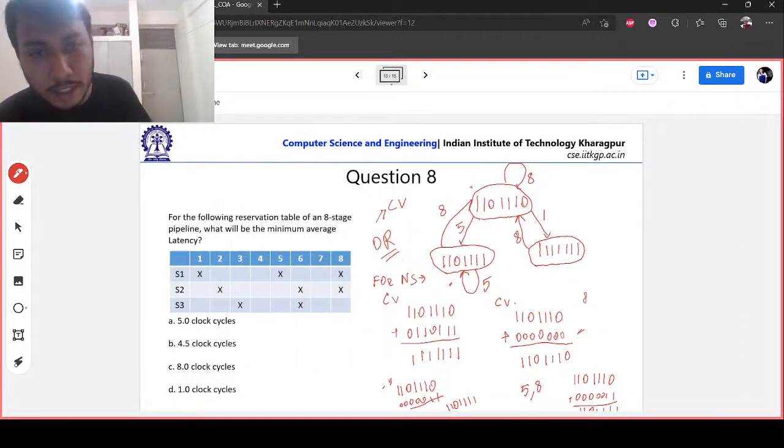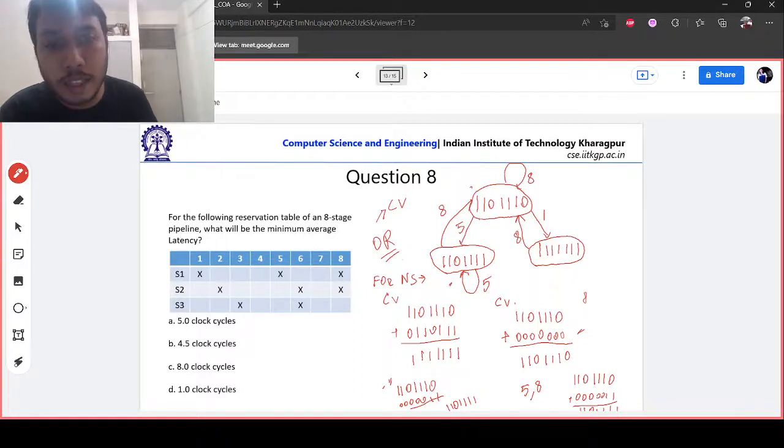Because in this state, the minimum latency is 5, and 5 is present in this cycle. Again, in 1 and 8, in this state 1 is the minimum, and in this state 8 is the minimum. So in this cycle 1 and 8 are both the minimum arcs at their respective states. So 1 and 8 is a greedy cycle.